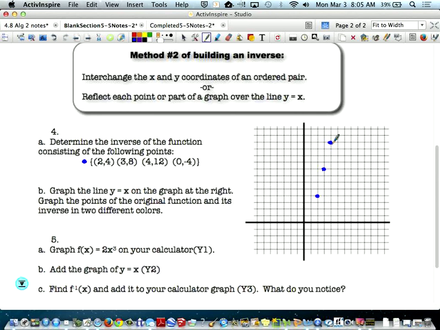And 0, -4. So those are my blue dots, right? Now, let's see if I can get a straight line on here.